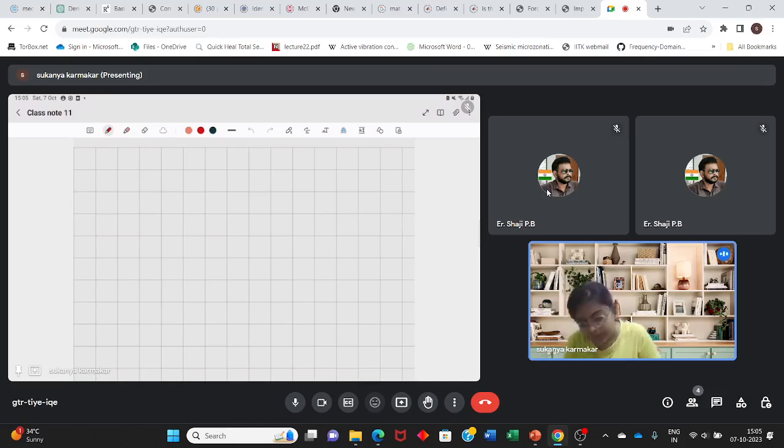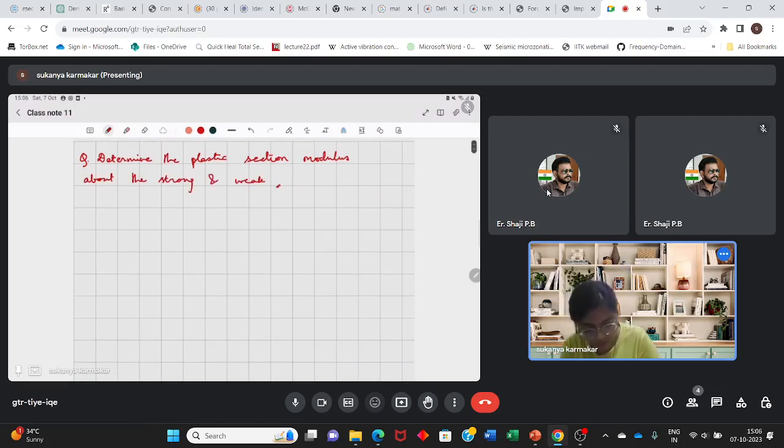So let's do it in the form of a question. Determine the plastic section modulus about the strong and weak axis.